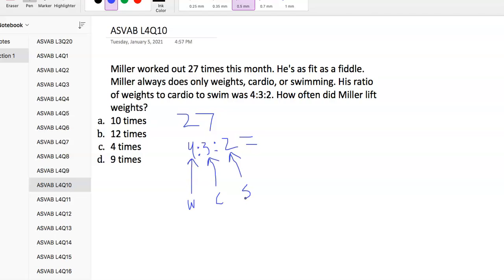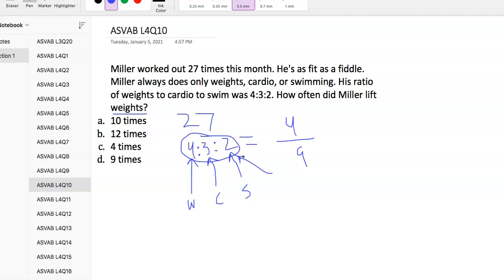Okay, so when they're asking for weights, weights are 4 divided by these 3 put together, 4, 3, and 2. So 4 plus 3 is 7, plus 2 is 9. What this is really saying is that 4/9 of the time, Miller lifts weights.